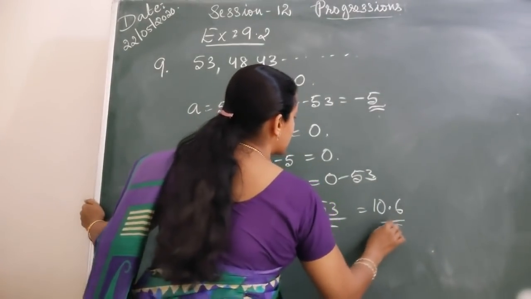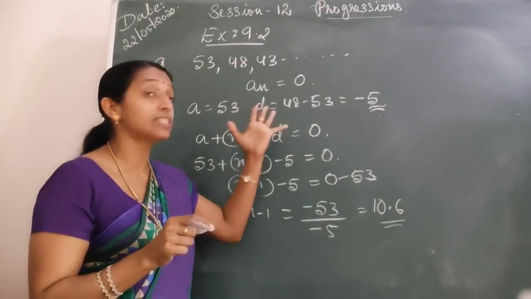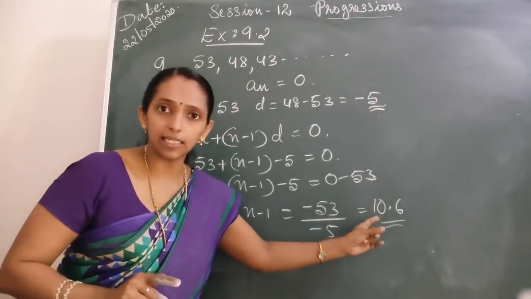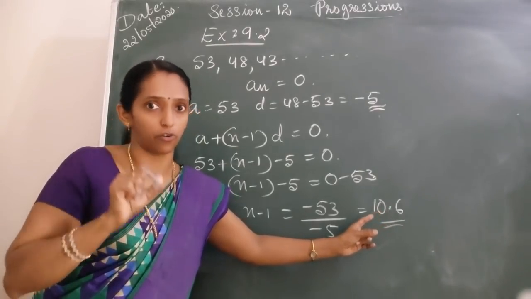So 0 comes in the 10.6th position, which means 0 is not a term of the sequence. As I have told you, the n value cannot be a decimal or a fraction because it is the number of terms.